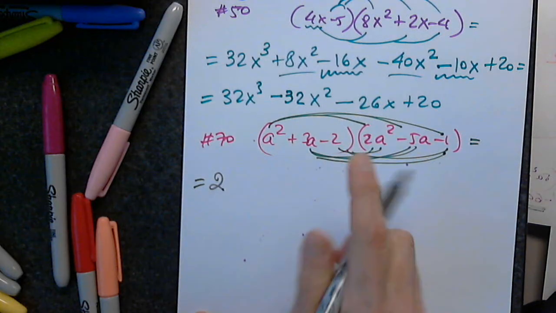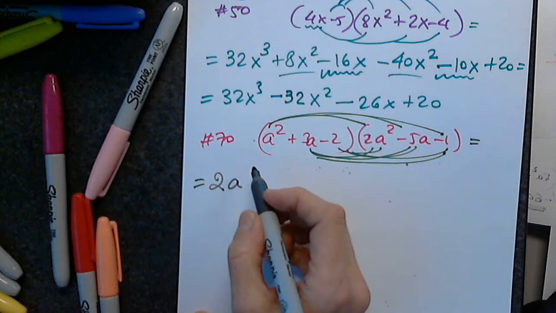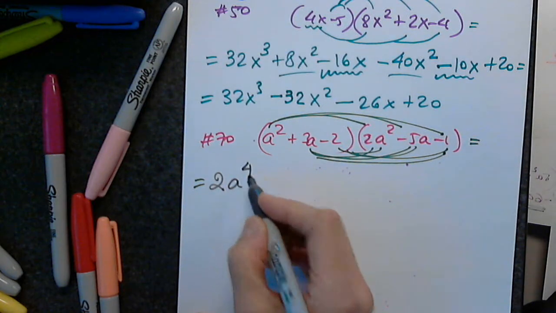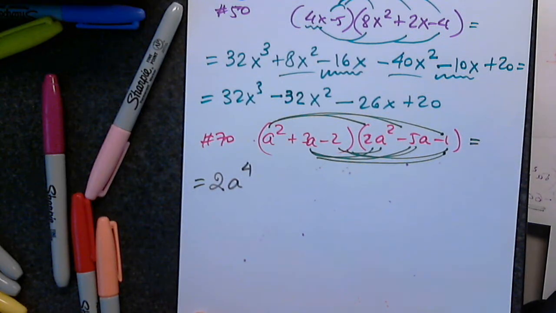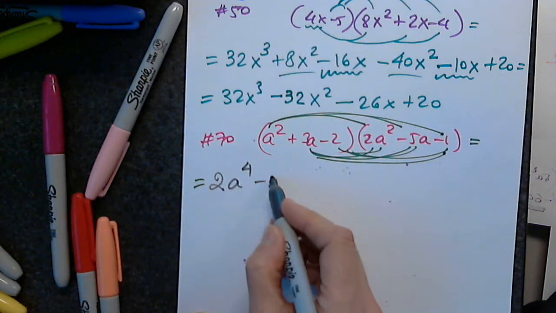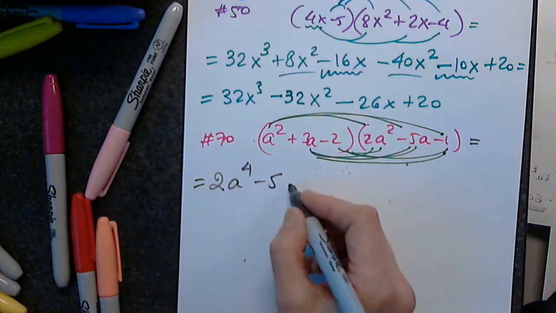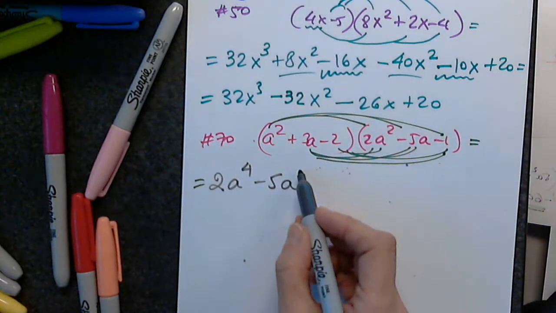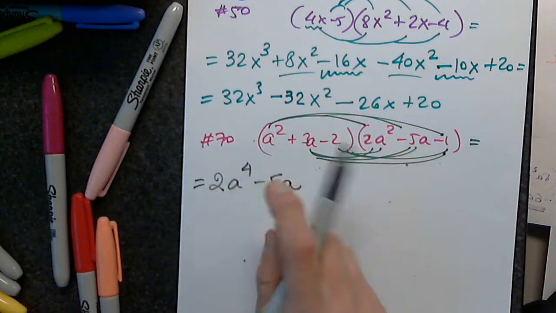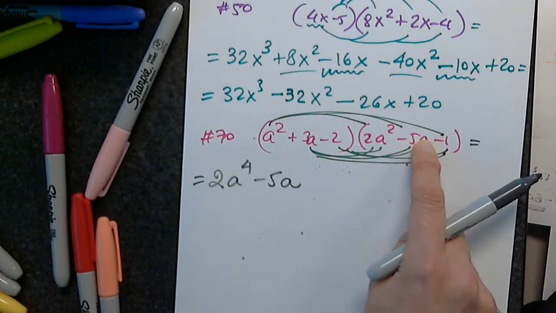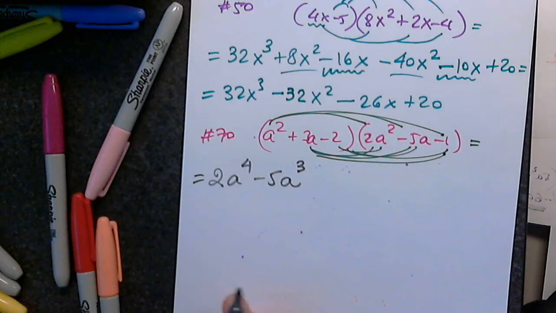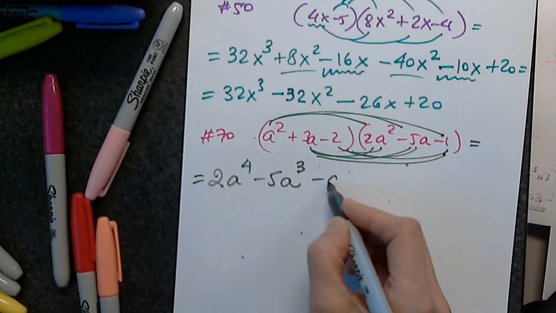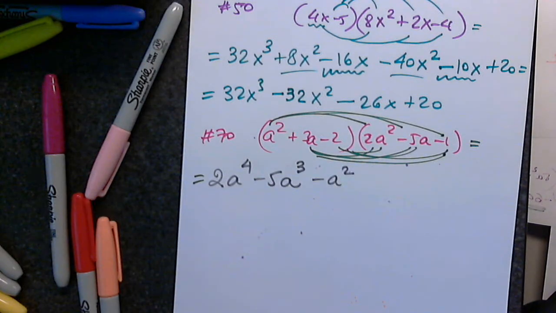A squared times a squared is indeed, copy the base, and you said 4. That's it. Now I multiply 1 by negative 5, and I get negative 5. And then I copy the base and the exponents. I have 2 and 1. Then a squared times negative 1 is negative a squared. I finished distributing a squared to the 3 terms.